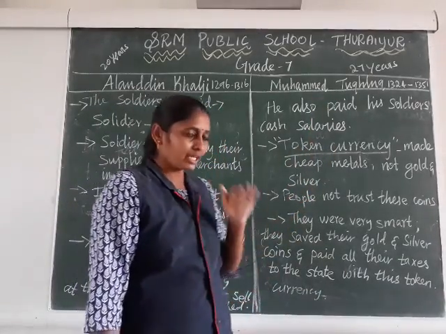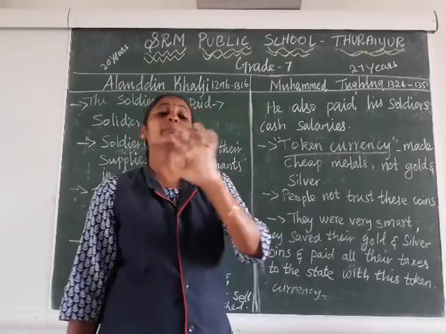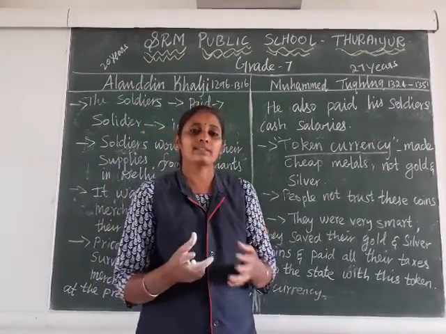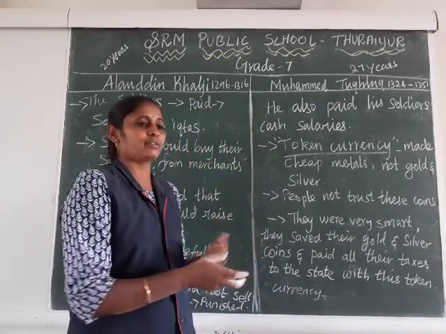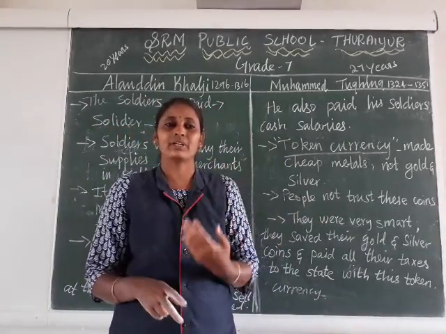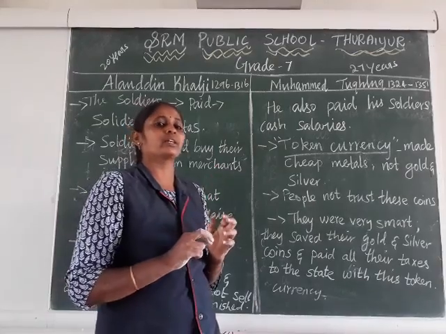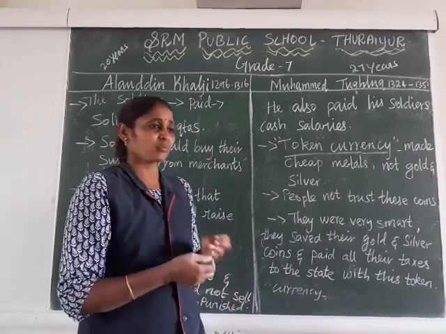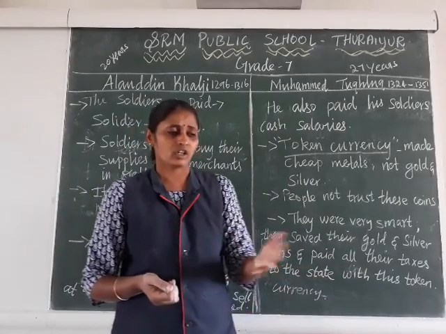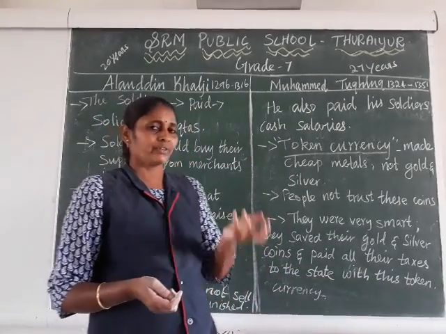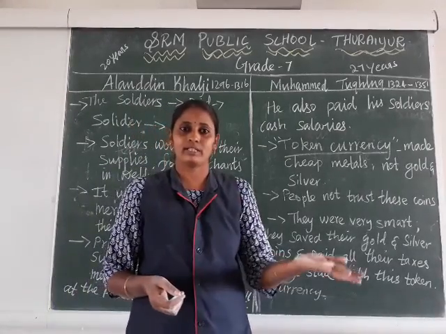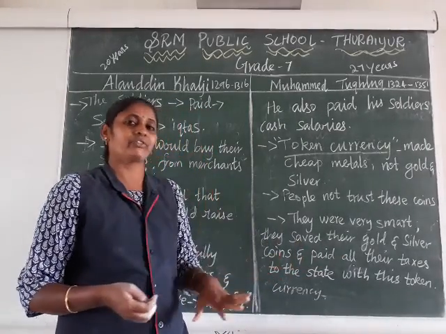But in the way he implemented this system, he did not use costly metals like gold or silver. Instead of gold or silver, he made this token currency from cheap metal, not even copper, a very cheap metal. The people in his country were clever, and they had already suffered a lot.